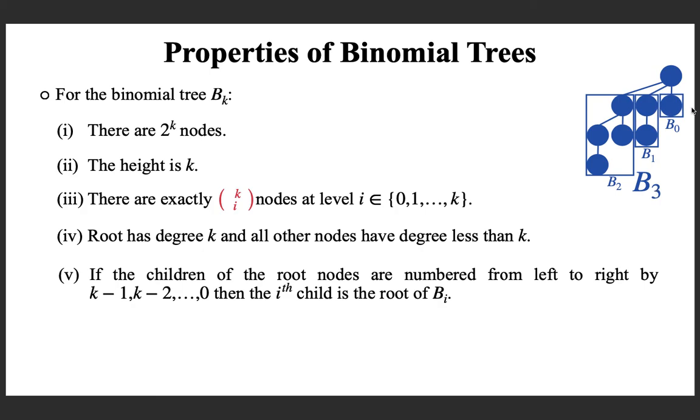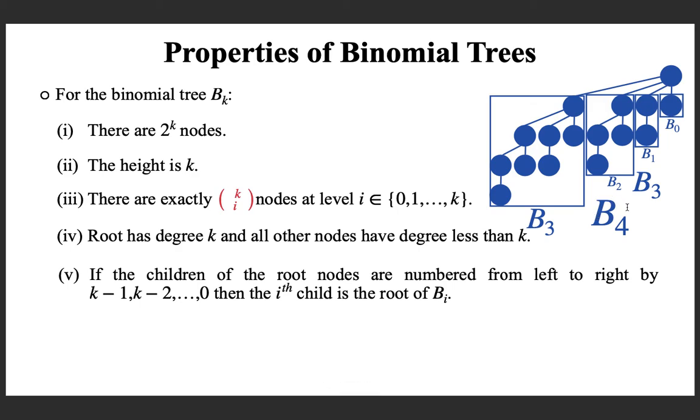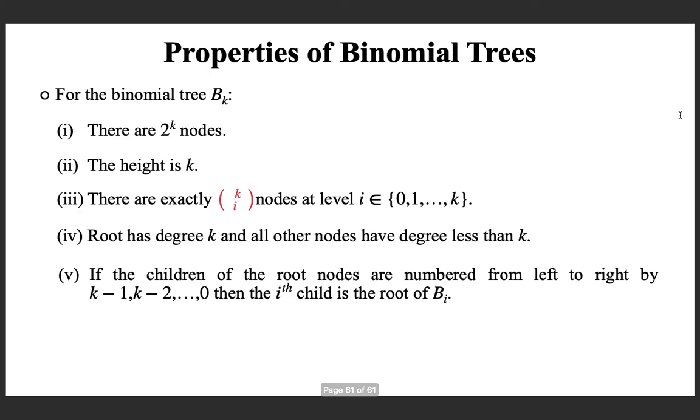And if you add one more copy of B3 and hang it here, you will get B4, and in B4 the leftmost child is B3, the next leftmost child is the root of B2, the next is the root of B1, and the last child is the root of B0. So these are some interesting properties about binomial trees.